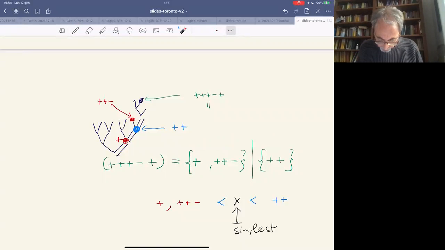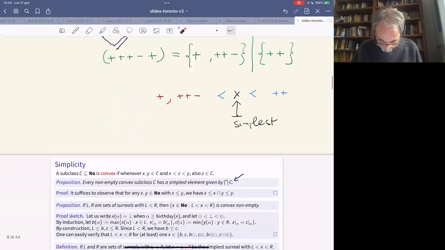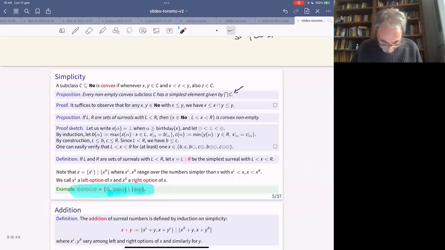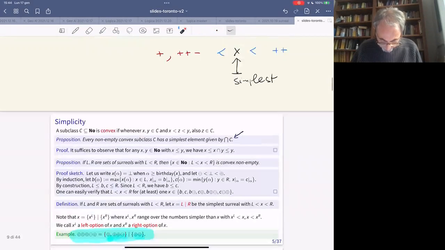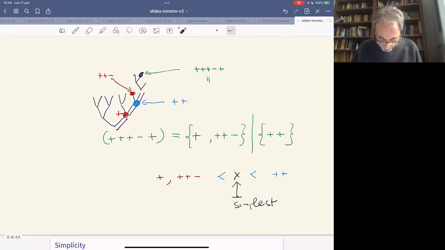Is that true? Actually, I think we have our first typo on the slides. It's not that one. There's a plus too many.